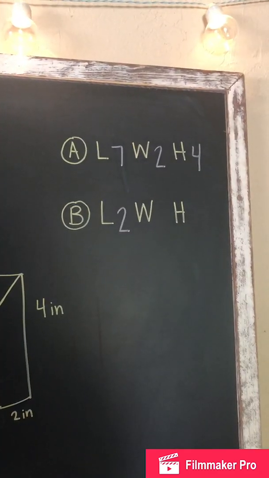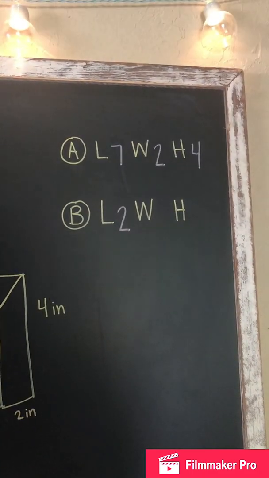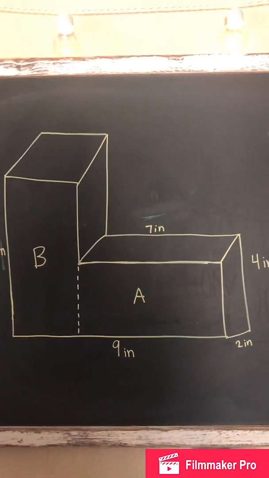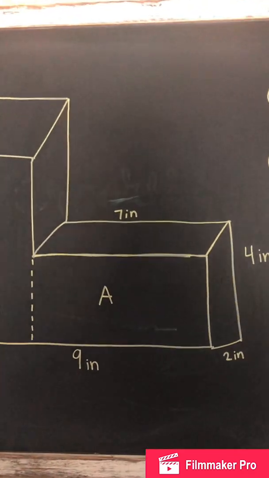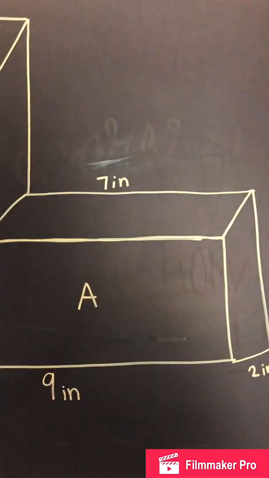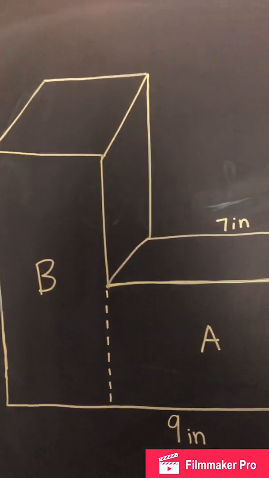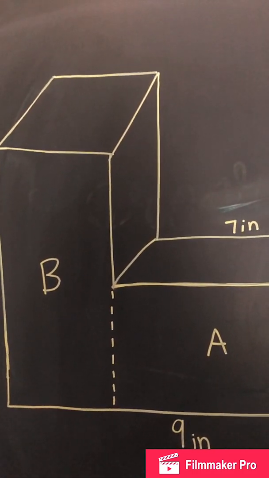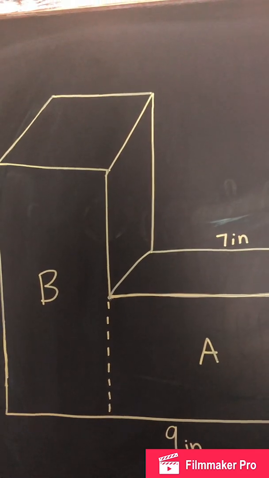Now it's time to move on to rectangular prism B's width. Like I said earlier, the width is going to stay the same. So our 2 inches that is attached to rectangular prism A is the same 2 inches that's attached to rectangular prism B. If it helps you, you can draw this in so that you don't forget.